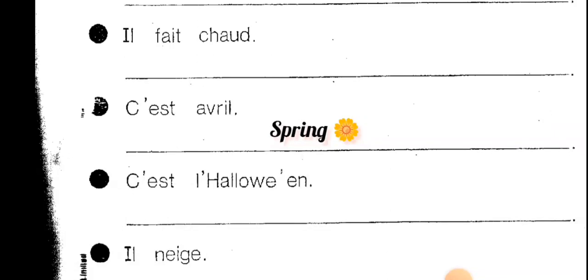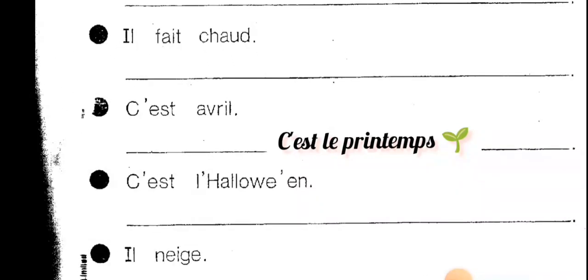And how do you call spring in French? It starts with letter P. Wonderful. Obviously, it is le printemps. So, when we say c'est avril, you say c'est le printemps to mean it's spring.